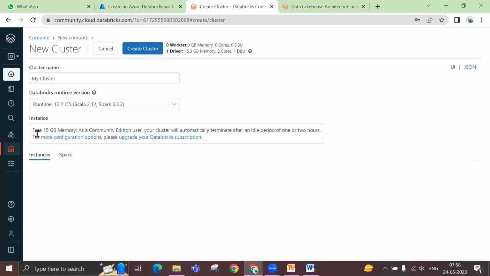Right now we do not have anything here. When we create a cluster, it will come with the runtime that we are going to use.